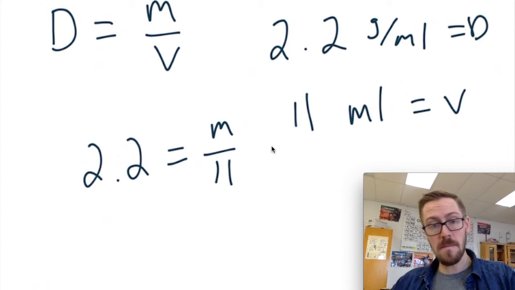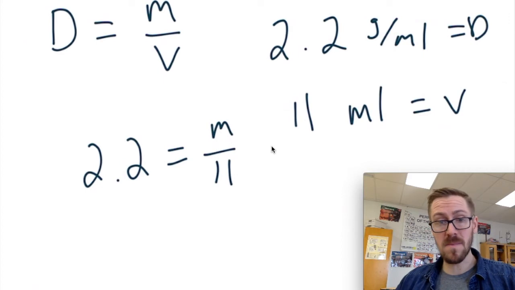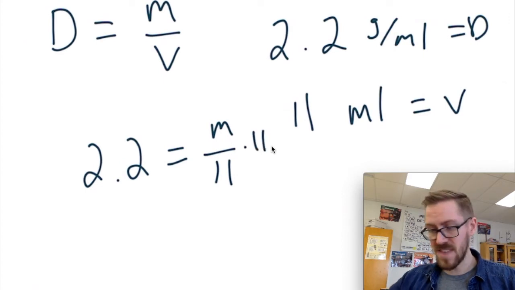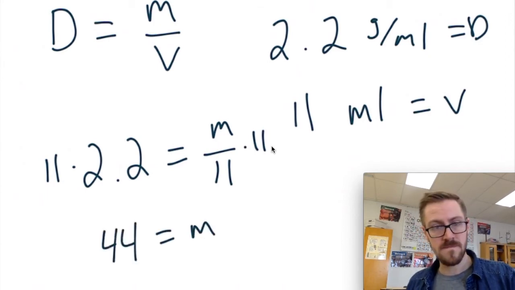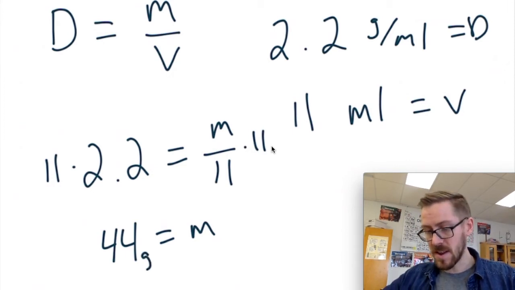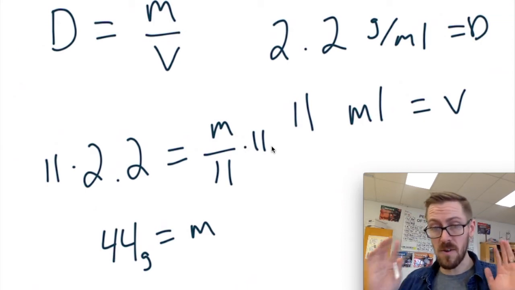I need to get the m by itself, and I do that by multiplying both sides by 11. Just algebra. And so I end up with 44 equals m. And since I'm finding a mass, m, that's going to be measured in grams. Again, those first two are very easy.